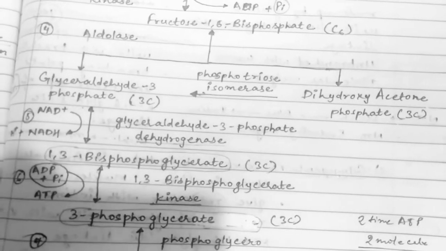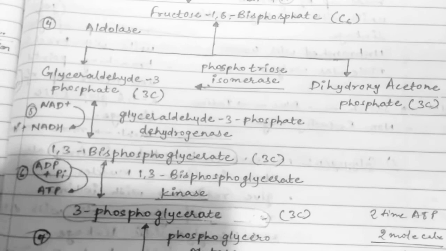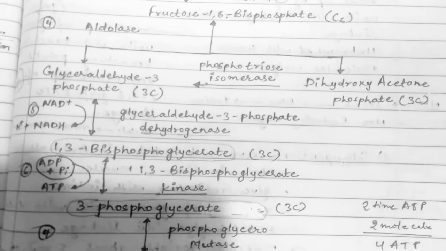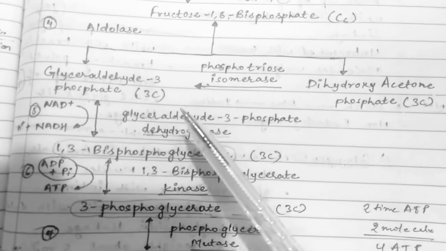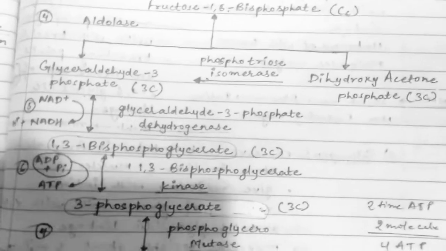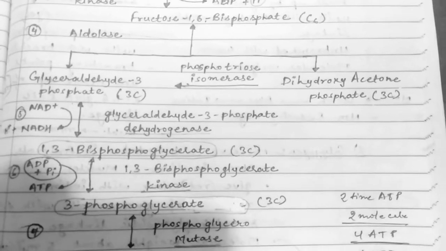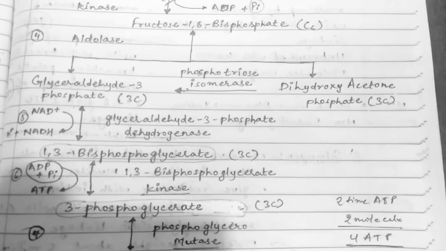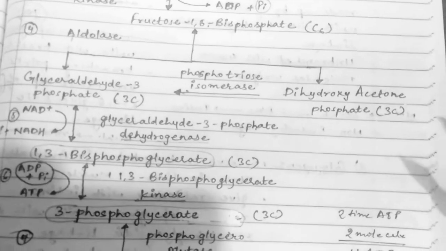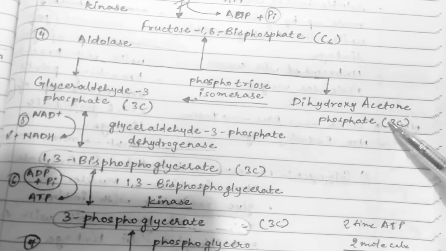Whenever in the cell the formation of fat or glycerol is taking place, in that condition glyceraldehyde 3 phosphate converts into dihydroxyacetone phosphate. Why? Because dihydroxyacetone phosphate is the crucial compound for the formation of fat.